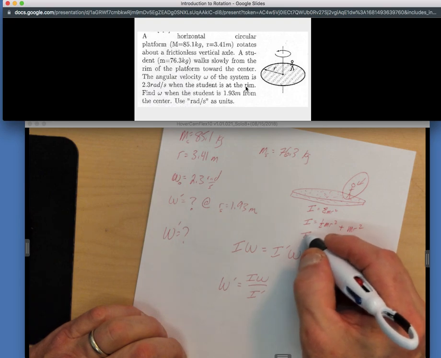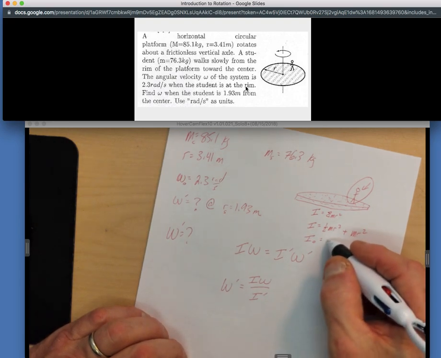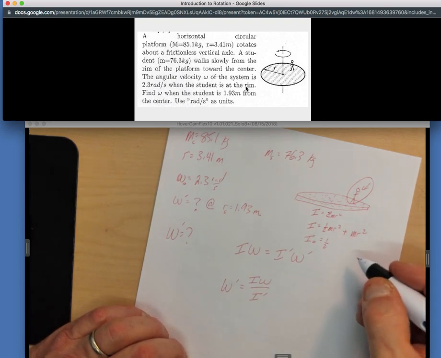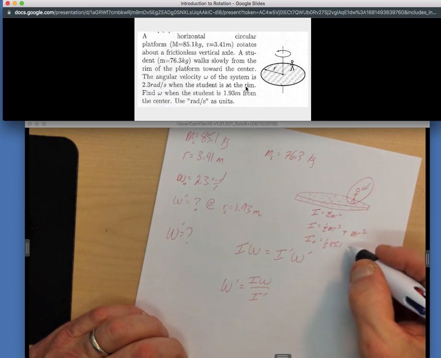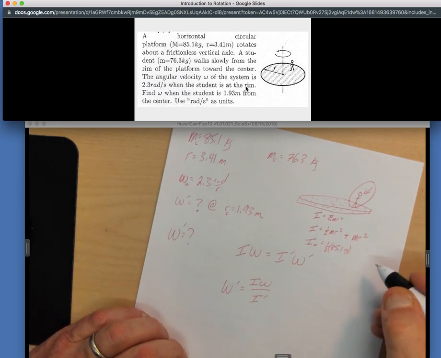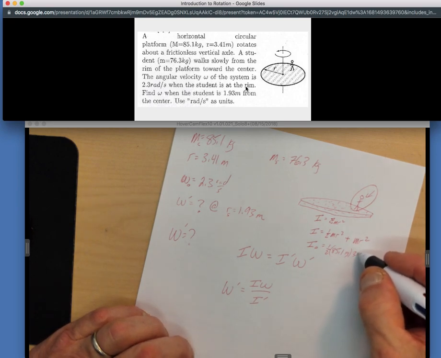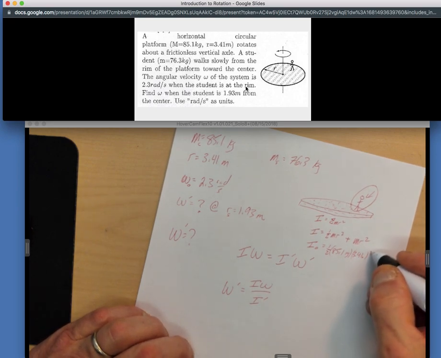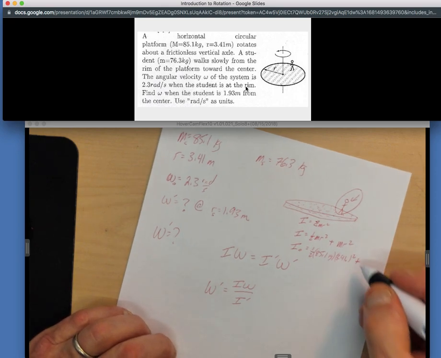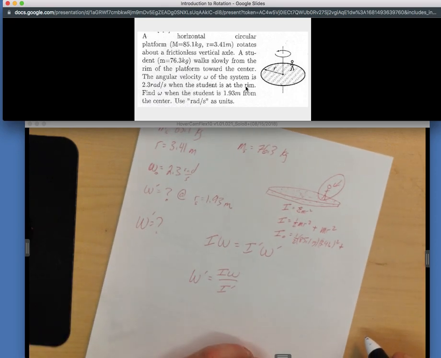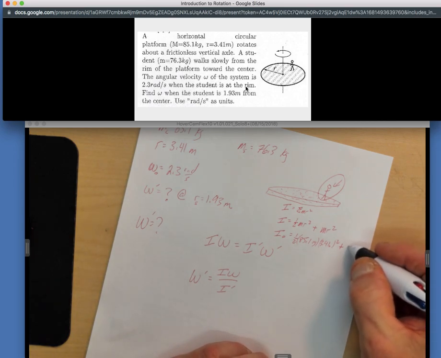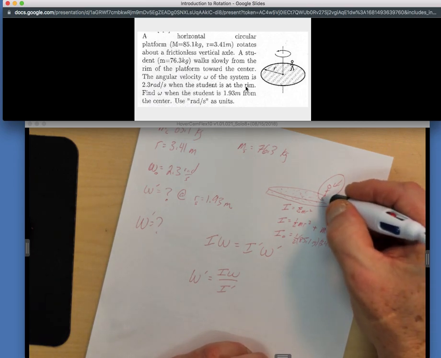So I initial was 1/2 the mass of the disk, 85.1 kgs. That's m, and the disk has a radius of 3.41 meters. That gets squared. And then I add the point particle, which is the student. That's just mr squared because it's one thing.